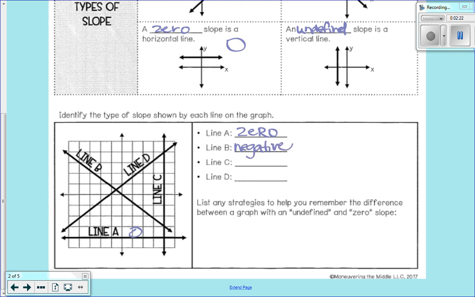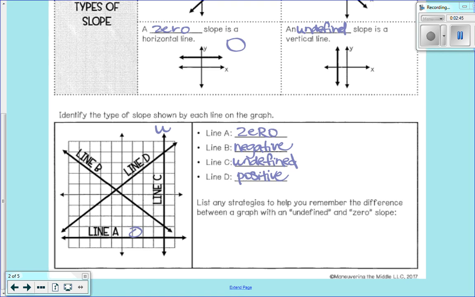Line C, that is undefined. You saw that in the video. And line D, read it from left to right.